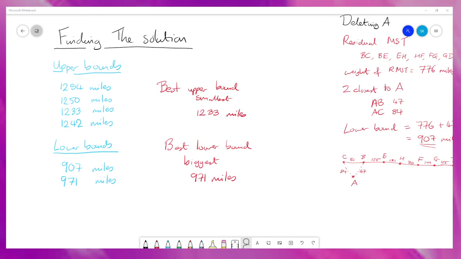So the last thing we have to do is find the solution to the travelling salesman problem. Now don't forget, we might not be able to find the exact solution. One thing you can check, as I said, is if the lower bound forms a tour, then that is the optimal solution. If you find that your best upper bound, which is the smallest, and your best lower bound, which is the biggest, give you the same number, that is the solution.